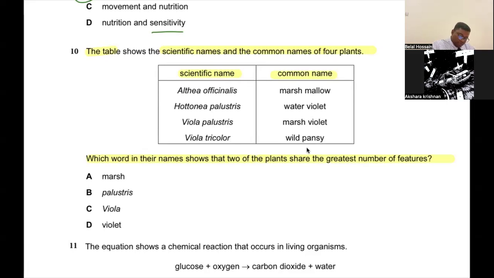No. You said marsh, is it? No, it is viola because viola is the name of the genus. Scientific name can tell you whether they are related. This violet means nothing, it's just a color. It is the scientific name. So they have the same genus.